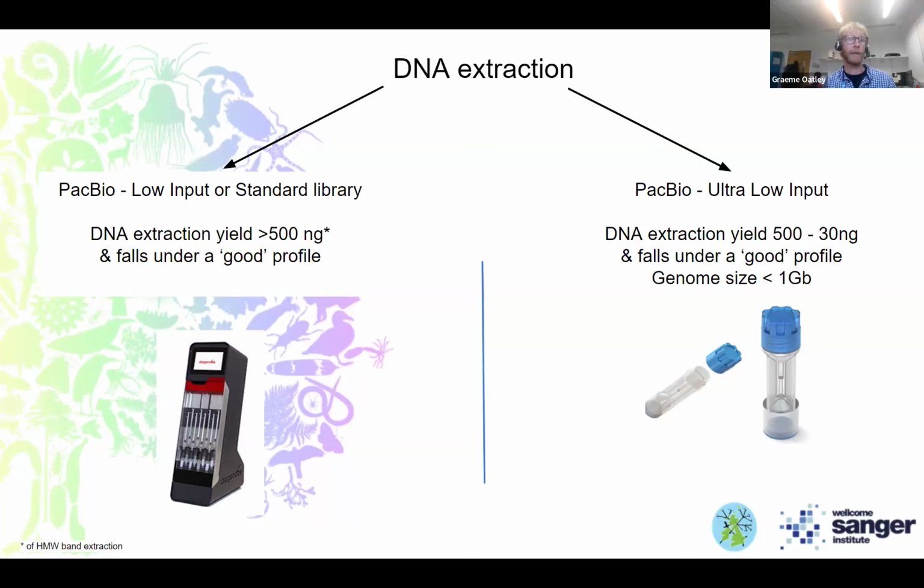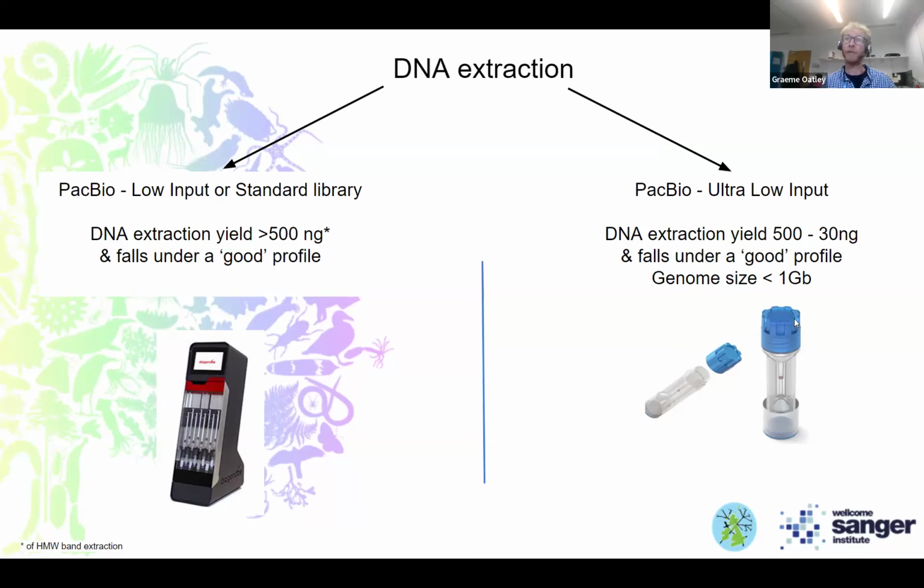Anything else would probably lose DNA during the fragmentation process, and that would fall under the 400 nanograms of DNA required for PacBio library sequencing. So anything shorter than a high molecular weight band extraction, we would generally fail and re-extract.